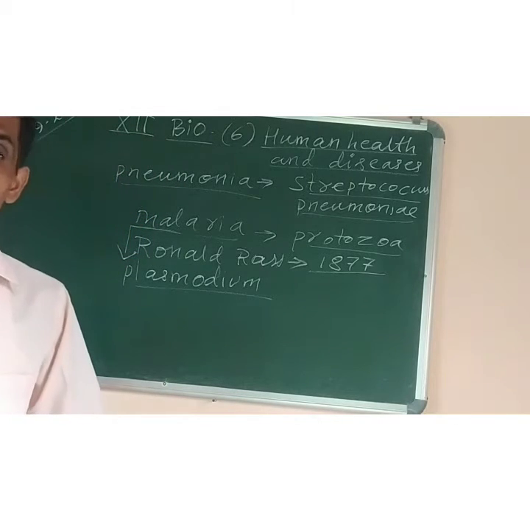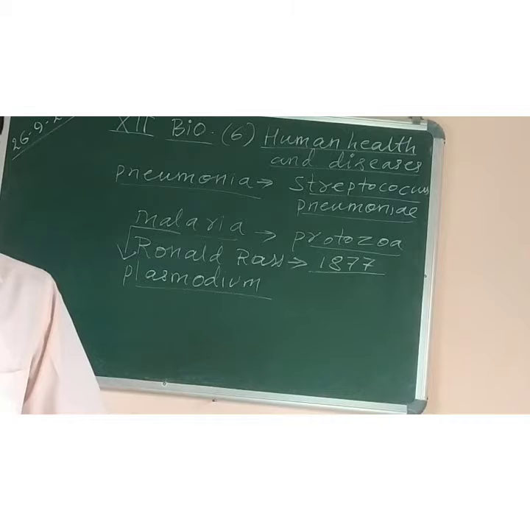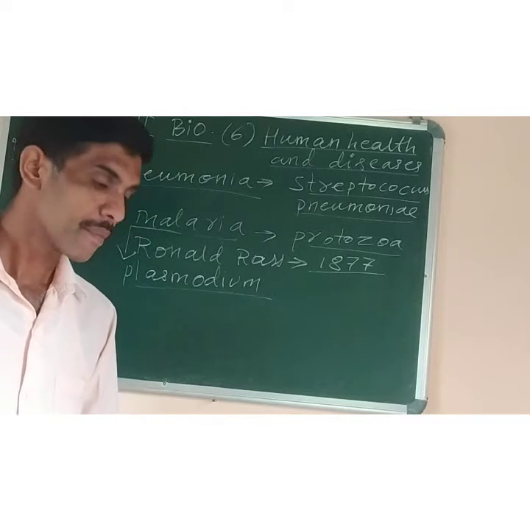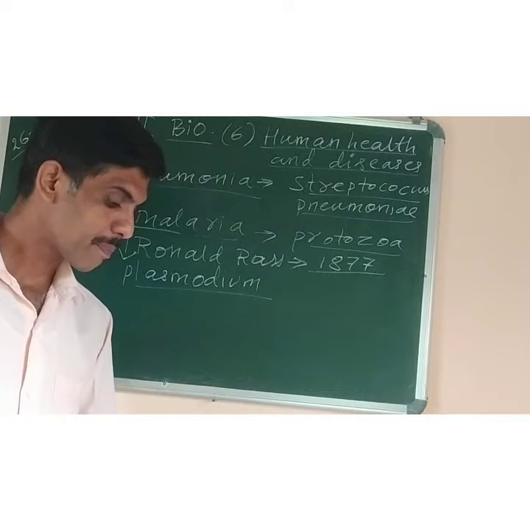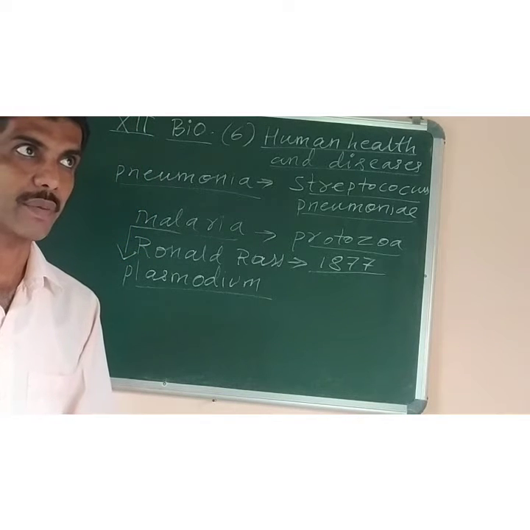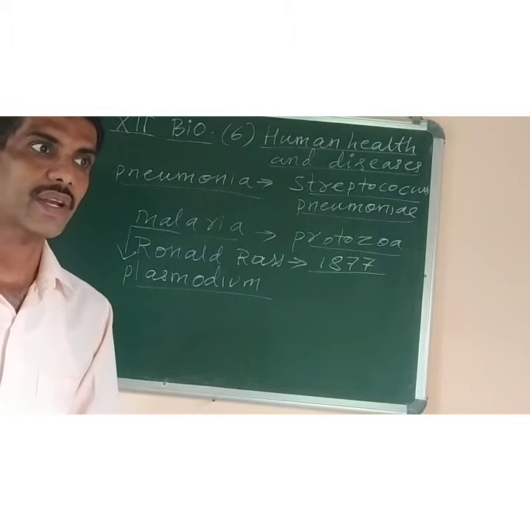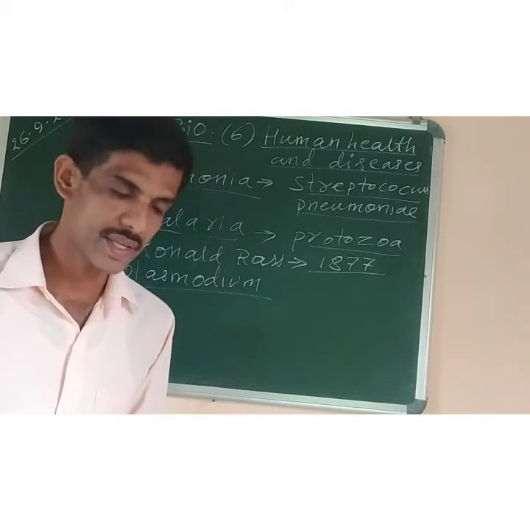They are caused by different species of Plasmodium, like Plasmodium vivax, Plasmodium falciparum, Plasmodium malariae and Plasmodium ovale respectively. So different species of Plasmodium cause the different types of malarial diseases.